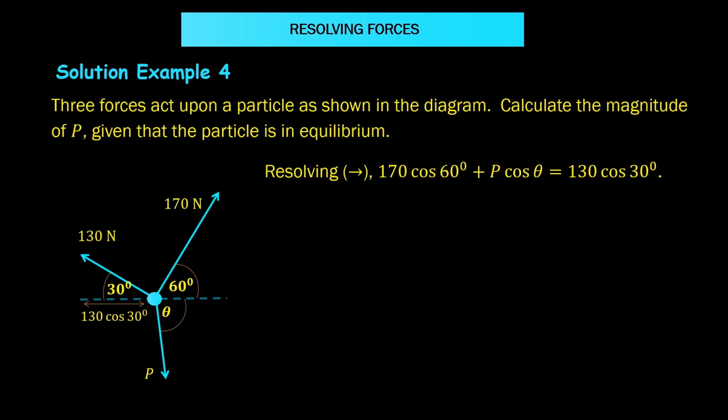So this is going to equal 130 cos 30 degrees. So tidying up and plugging values into our calculator gives us P cos theta equals 27.58330.